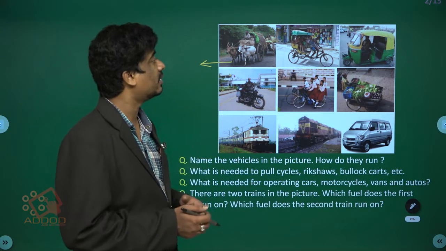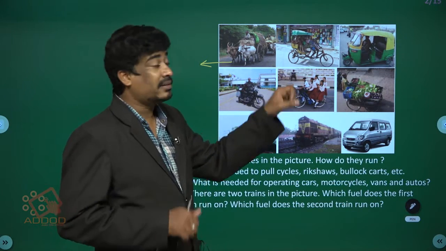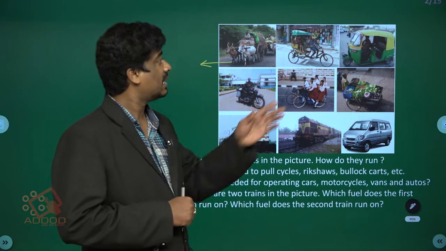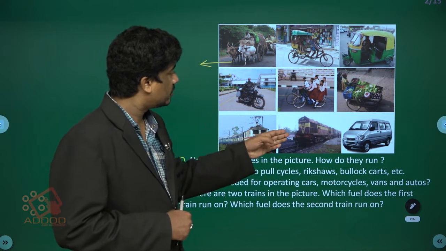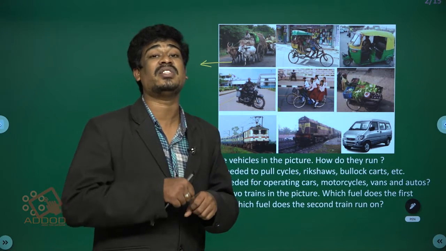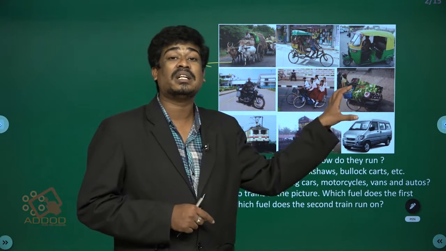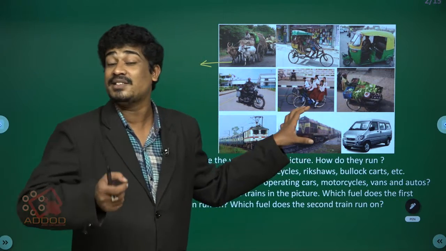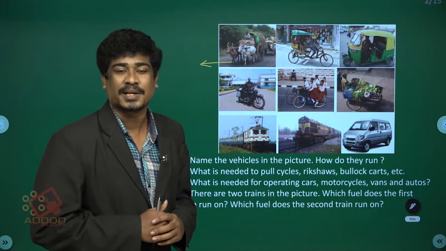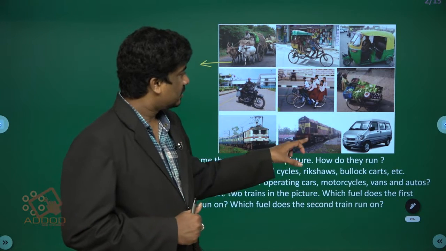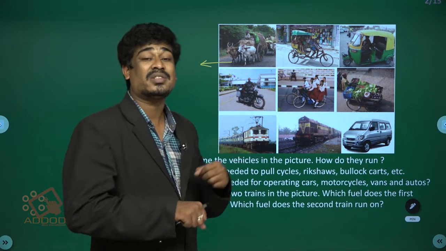Then the bicycle: here the man is cycling so that it moves. The auto, motorcycle, car and train work on diesel or petroleum. By pouring petrol or diesel, these are working. While in the bicycle, the students are cycling.